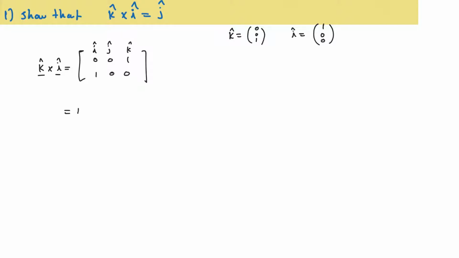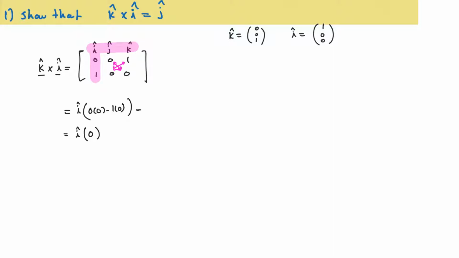To get the answer, we start with unit vector i, and we cross out the top row and the column that has i in it, and we do a cross multiplication of 0 times 0 minus 1 times 0. I'll just do this section for now: 0 minus 0, which is just 0.